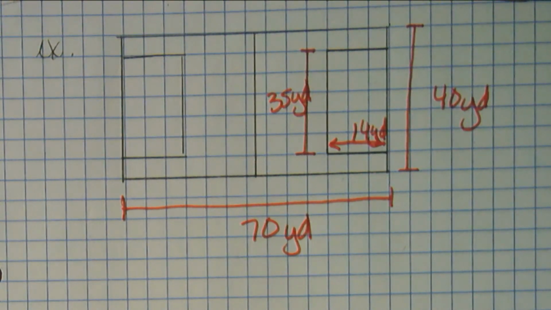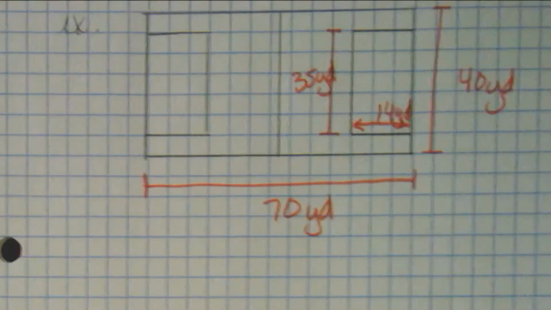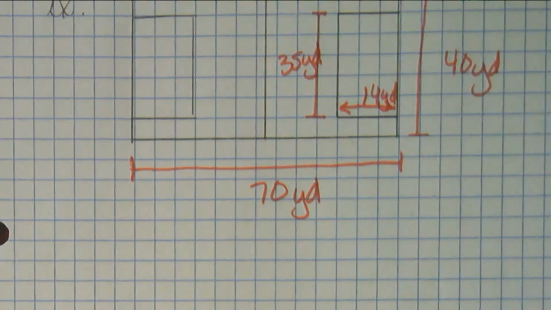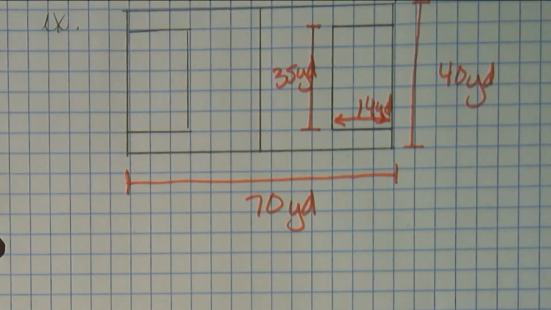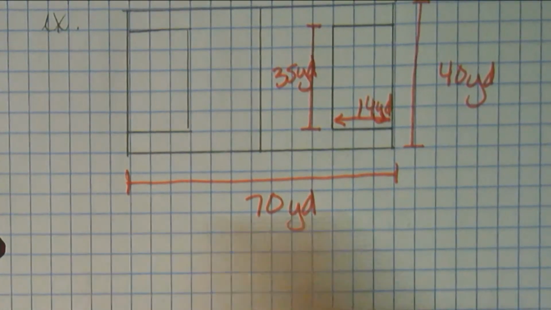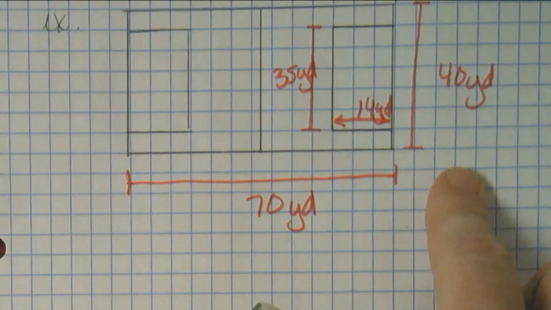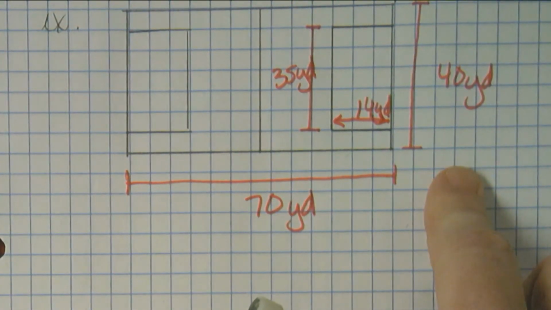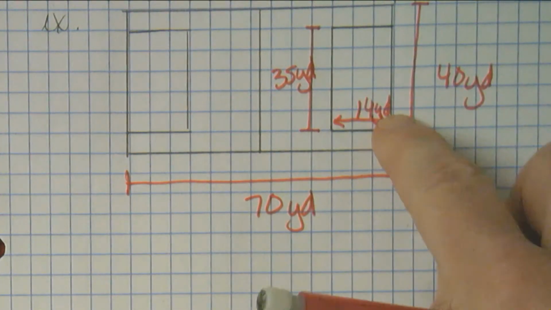All right, this example is out of your book, so you can always go back to it. I'm going to write some directions here with the story problem that goes with this. The soccer field is a rectangle that is 70 yards long by 40 yards wide, so I've already drawn that. The penalty box area of the soccer field is 35 yards long by 14 yards wide.